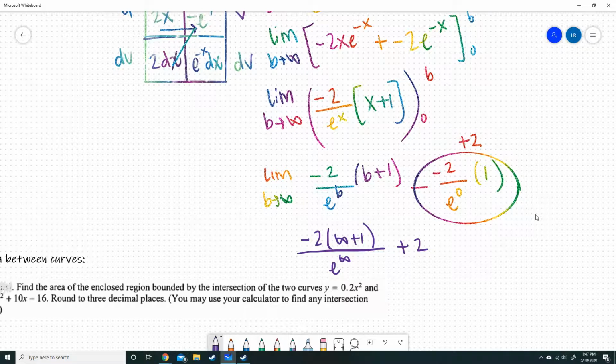Really, the infinity on the bottom is going to be bigger because e to the infinity is significantly larger than a linear infinity. Because the e to the infinity in the denominator is bigger, this whole thing goes to 0. And so we have 0 plus 2. And so this converges to 2. It converges to 2.